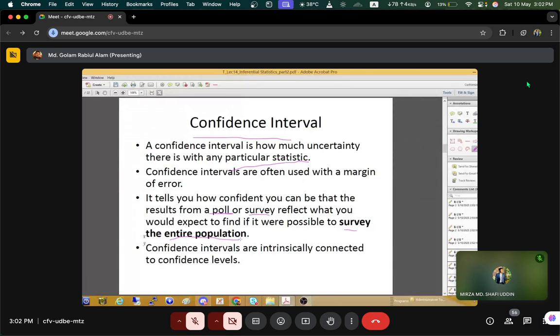But when you state a statistical proof, it is applicable to the entire population. So that's why the confidence interval is there. That means your level of significance is there, how significant your statistic is.